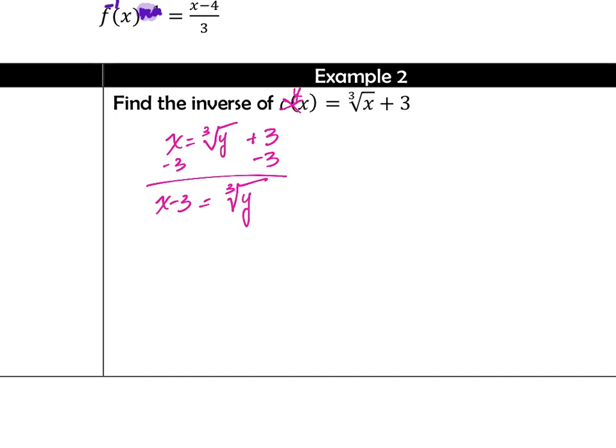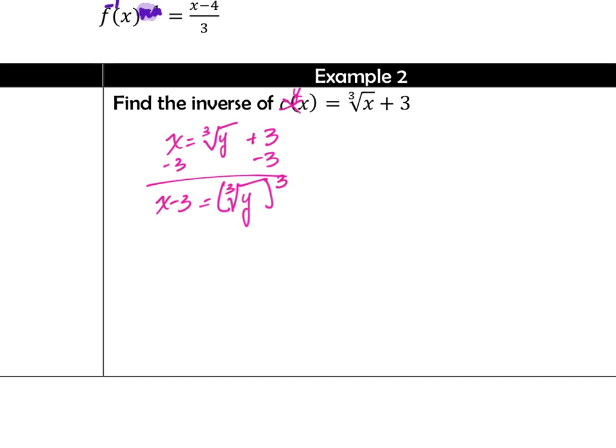And how do I undo a cubed root? Anybody? Marco. I can undo a cubed root by cubing it. So I'm going to cube it. If it was a fourth root, I'd take it to the 4th power. If it was a square root, I'd square it.